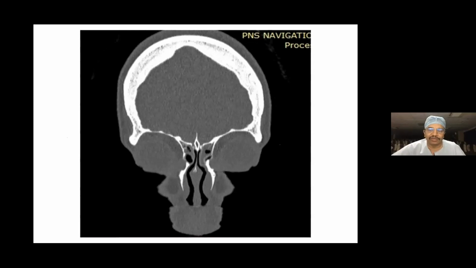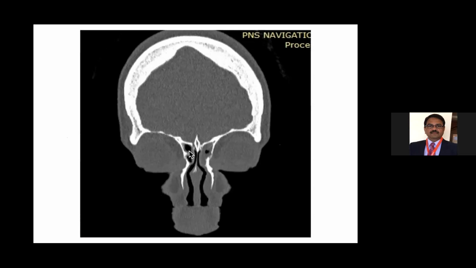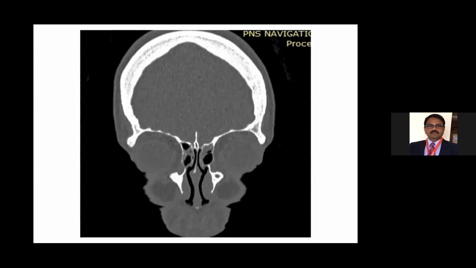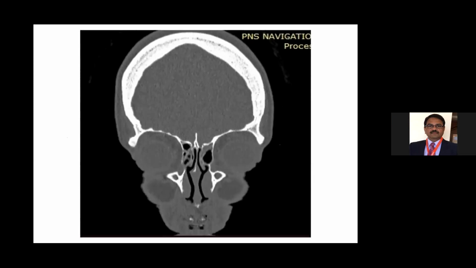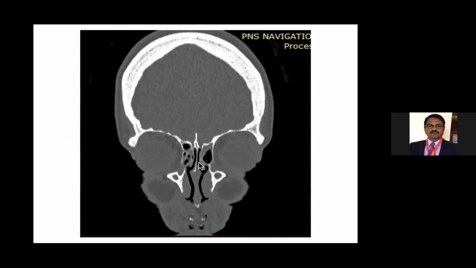For example, see here, there is a cell here and a cell here. Which is the agger nasi cell? The lower one. By definition, this is the cell adjacent to the lacrimal sac. Good anatomical point. Follow the same cell posteriorly. This is the agger nasi cell.